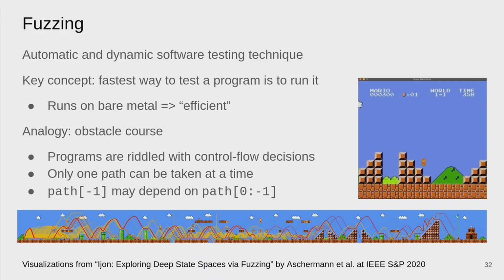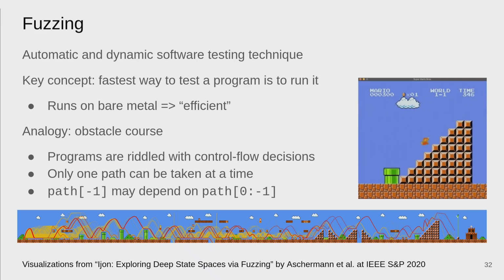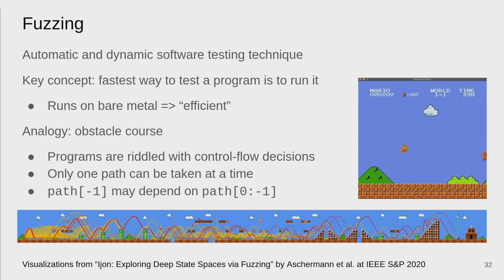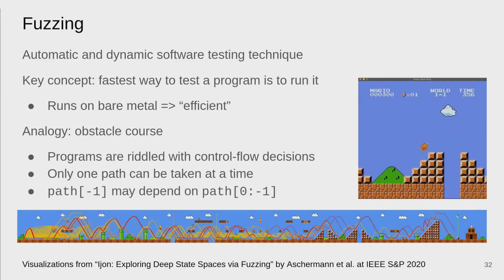This example here was the fuzzer playing Super Mario by creating random inputs that conform to the button presses played through the program, and the goal of the fuzzer was to reach the end, to reach the highest possible value.